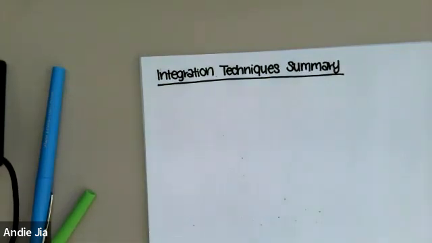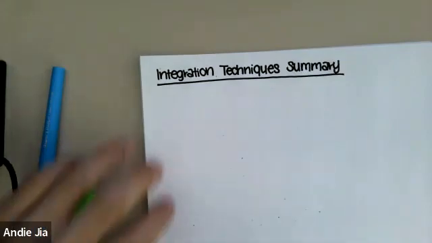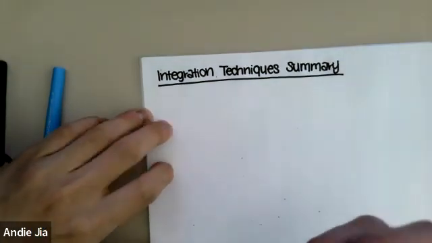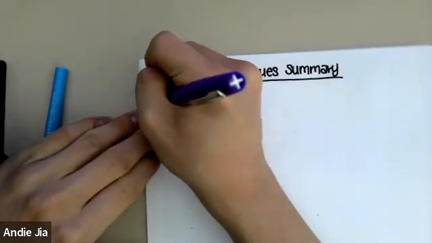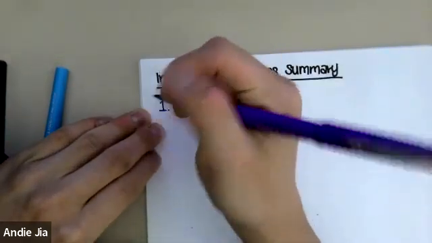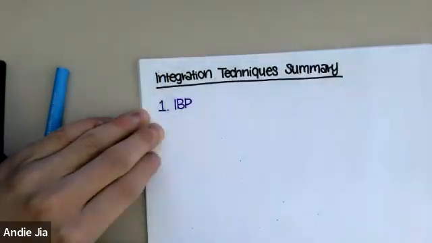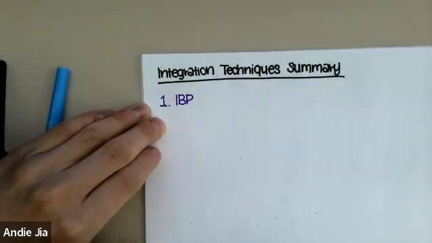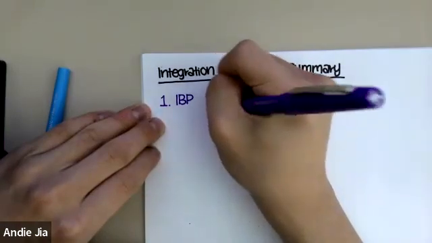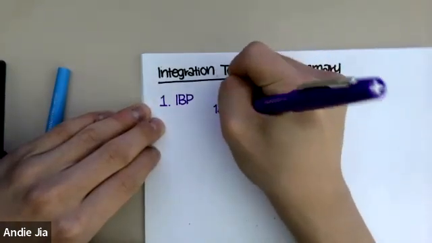Okay, so let's do the different types of integrals here. Type 1 is IBP. Use IBP when you have those cases. 1A: inverse trig.